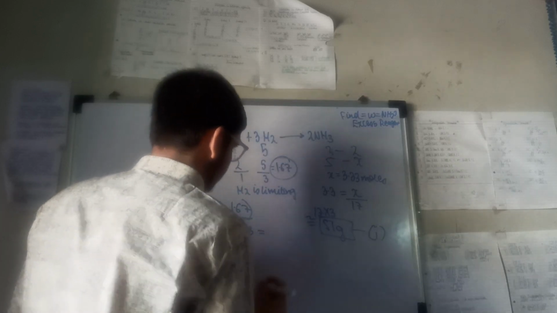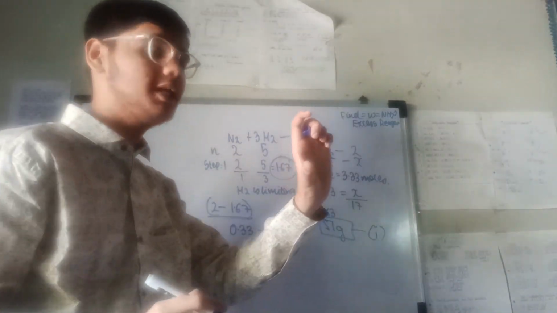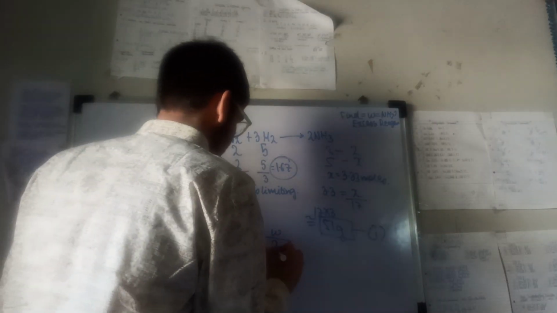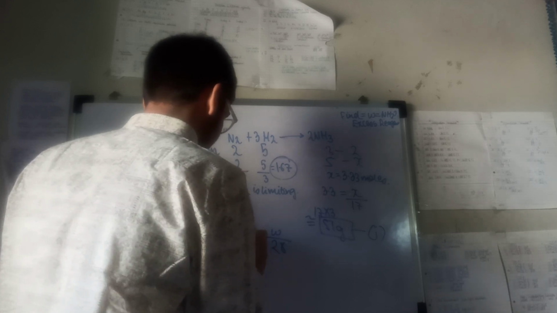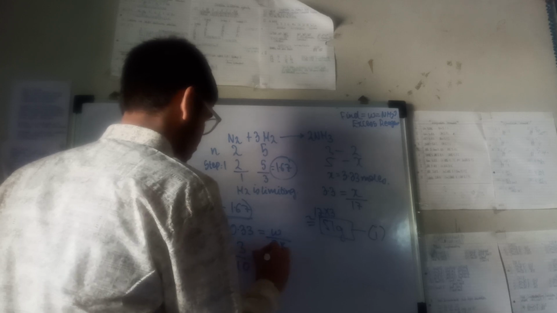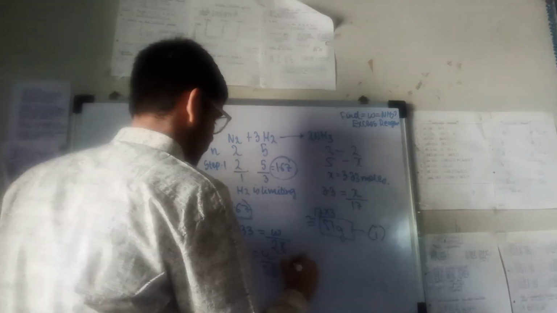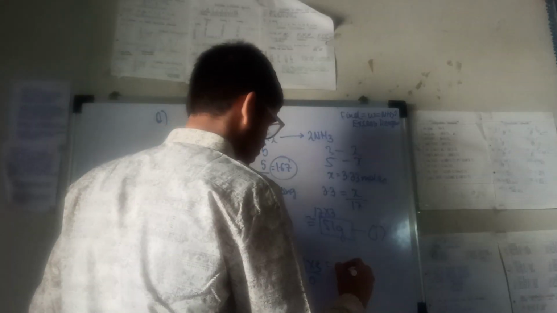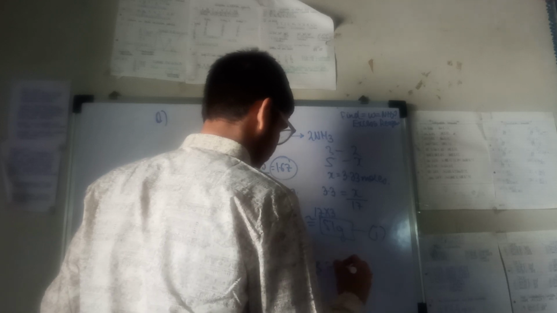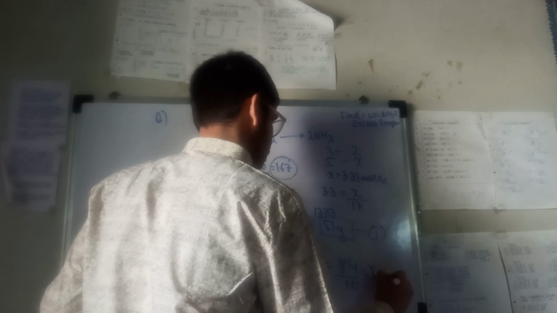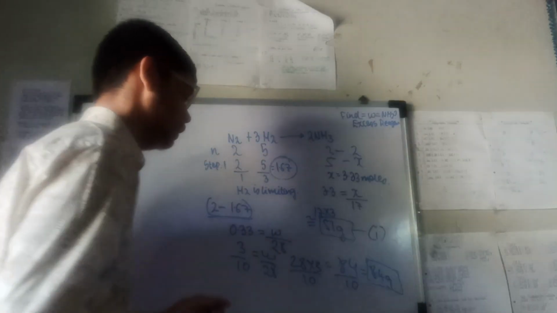0.33 moles are left, but we have to find how much weight of the excess reagent is left. So moles is equal to mass by molar mass. What is the molar mass of N2? It's 28. So 28 into 3 by 10: 28 threes are 84 by 10. 8.4 grams of N2 is left.